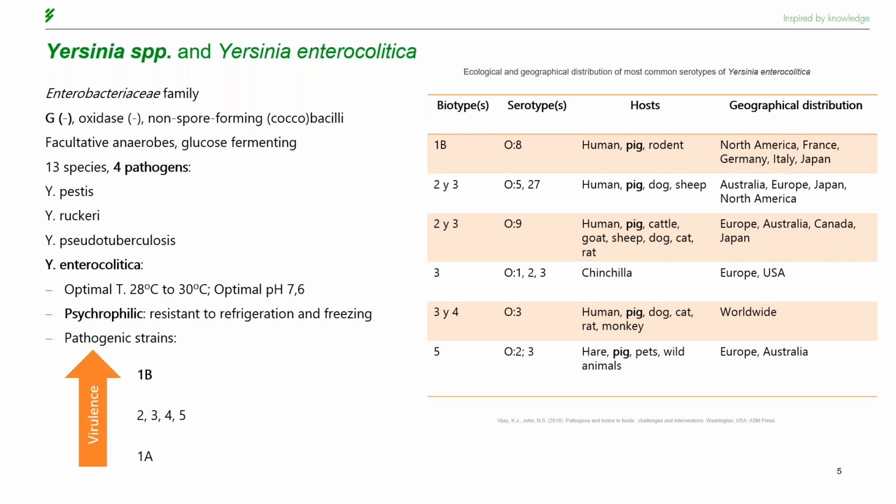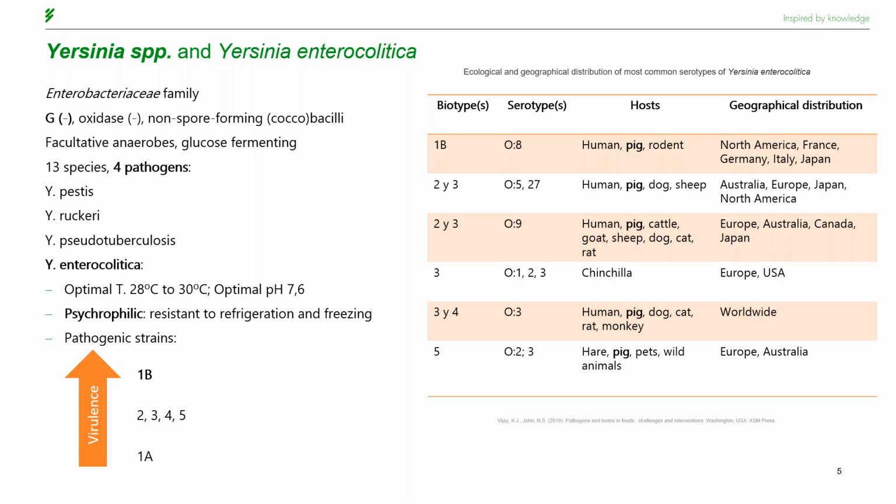As we can see, biotypes 1B and 08 have been found mainly in North America, while 4/O:3 predominates in Europe, and in fact has been confirmed as the strain in the last outbreak in Sweden, on which we will comment later.